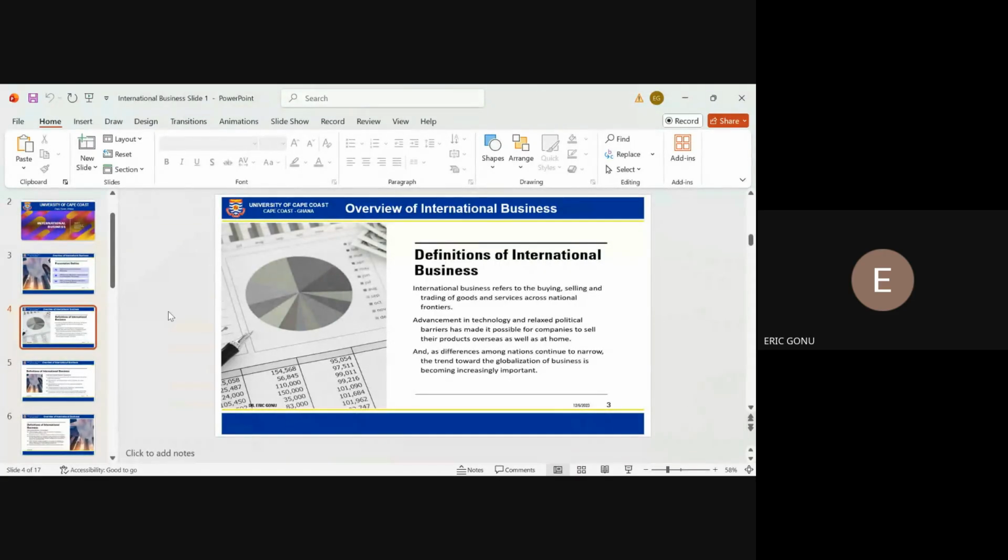So now we are seeing the world as a global village, where most political restrictions on business or trade have been relaxed. That's why you can be here and buy items, which allows cross-border trade.